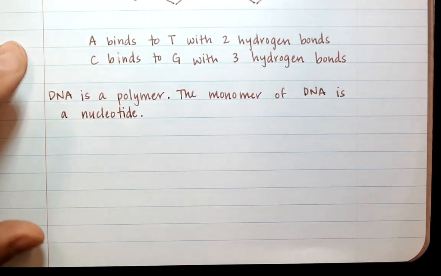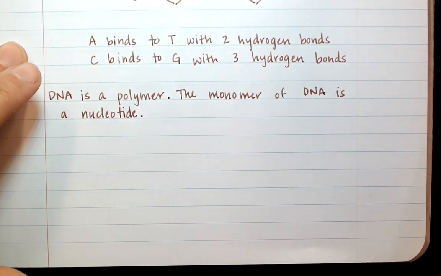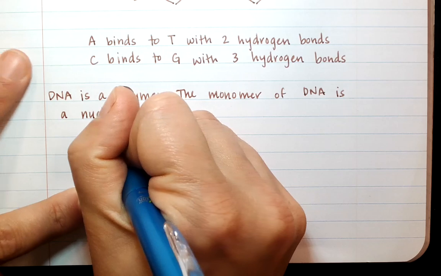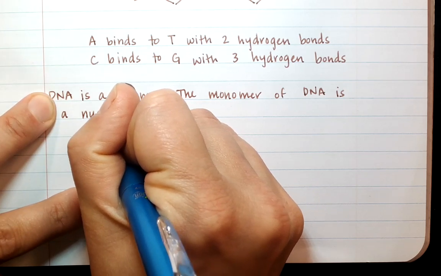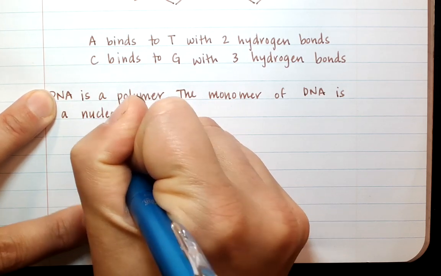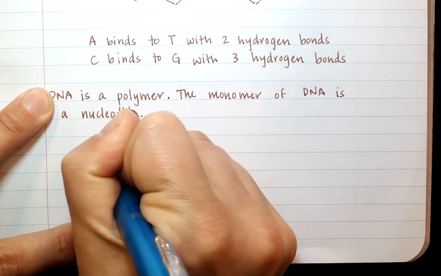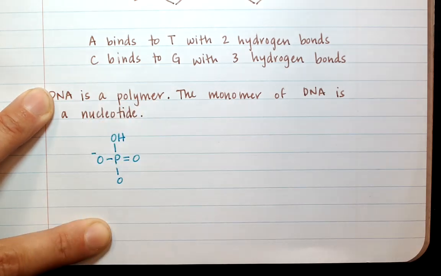So I'm going to draw a whole nucleotide here so that it's easy for us to see what a nucleotide looks like. So I'm going to start with my phosphate. So I've got an OH, P double bonded to O, O, O minus. That's my phosphate.